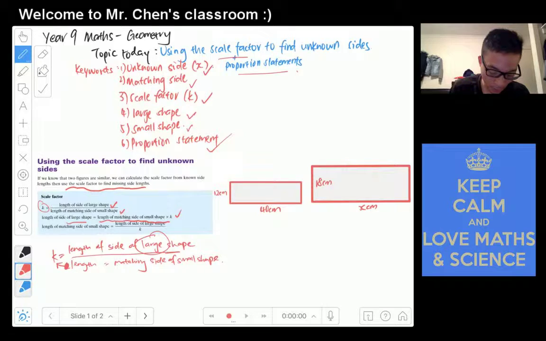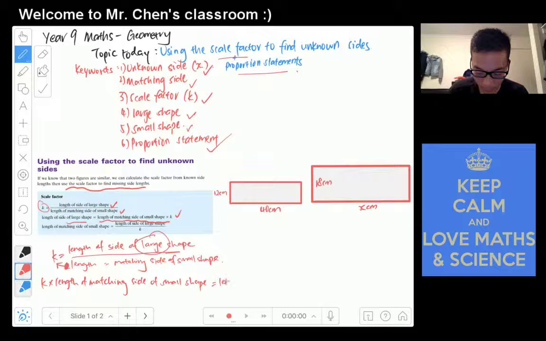So it becomes k multiplied by the length of the matching side of the small shape, which will equal the length of the side of the large shape, which is exactly the same as that.